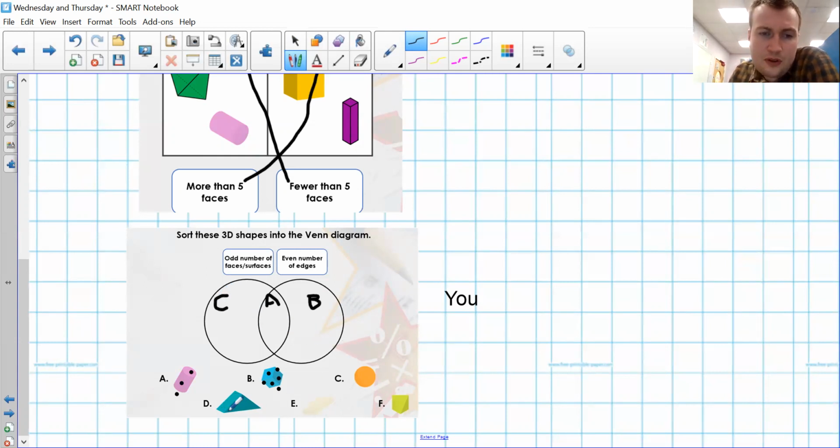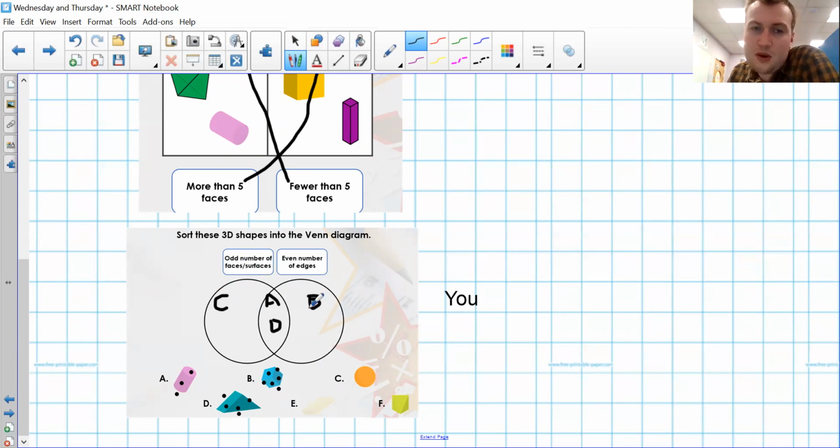D, we've got 1, 2, 3, 4, 5 faces. So that's an odd number. And then edges, we've got 1, 2, 3, 4, 5, 6, 7, 8, which is an even number. So that's going to go in the middle. E is a cuboid, which has an even number of edges and an even number of faces.